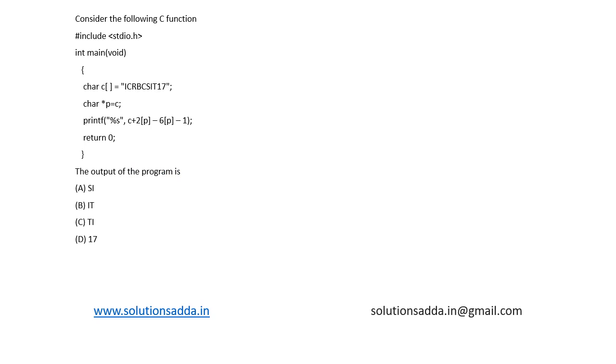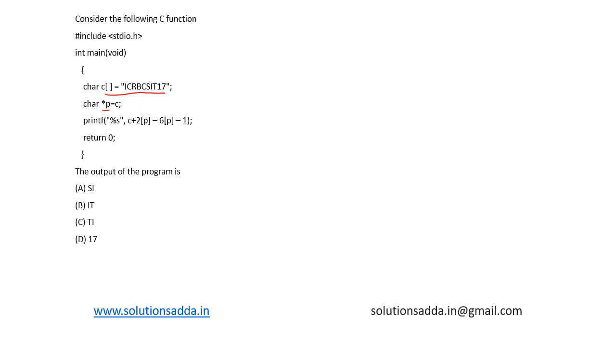This is a question from C programming. Consider the following C function. We are given a function, we are given a character array C, and it is accepting ICRB CS IT 17. There is a character pointer P. Then we are asked to print and see what is the output.